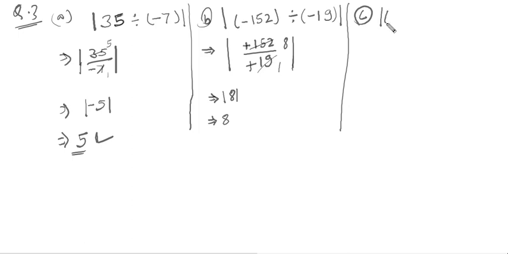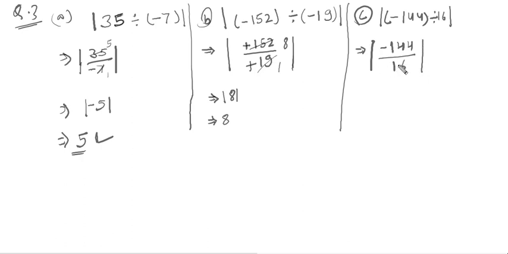Now question number C is minus 144 divided by 16. Let us solve this. We can write it like this: minus 144 upon 16.